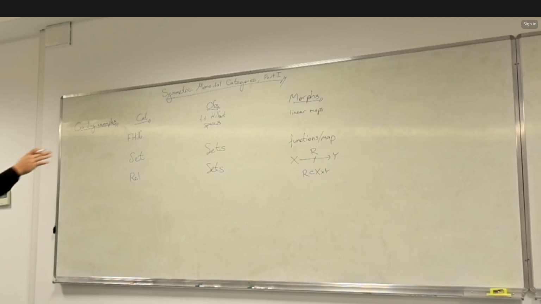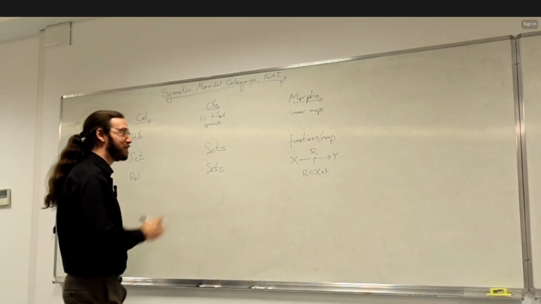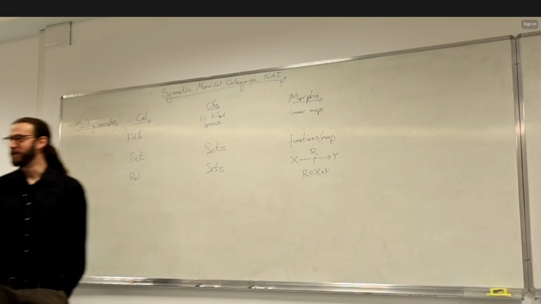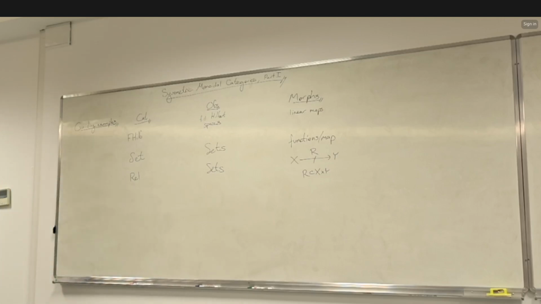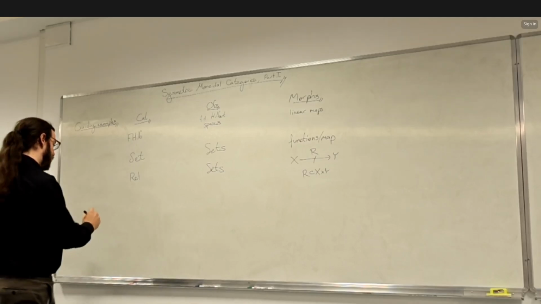So I've claimed that this is a category. Let me very briefly explain why, because if I tell you this is a category, I need to tell you how to compose morphisms, and I need to tell you what the identities are.